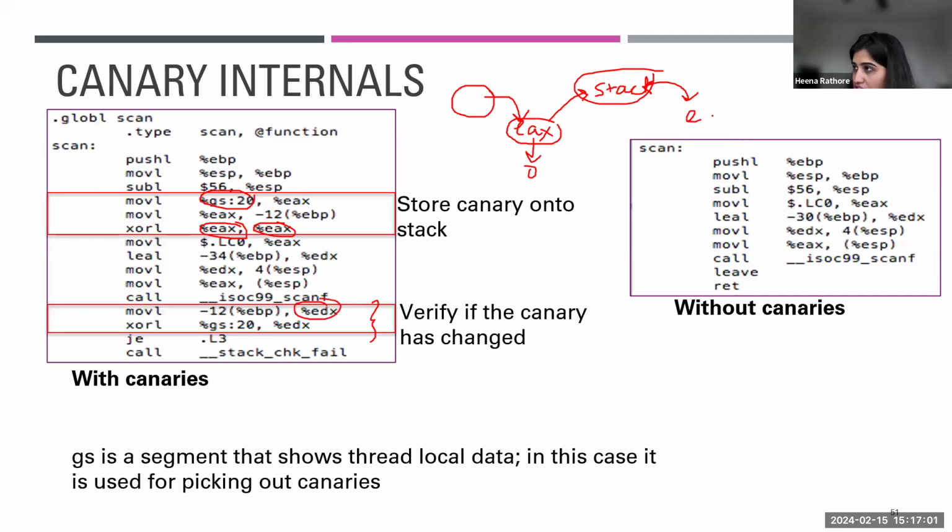Then you verify whether the content which was originally taken from GS and this content, which is EDX, are same or not. If they are same, which means nothing was changed, nothing was modified. But if XORing EDX with GS returns some different value, which means that the content was modified.